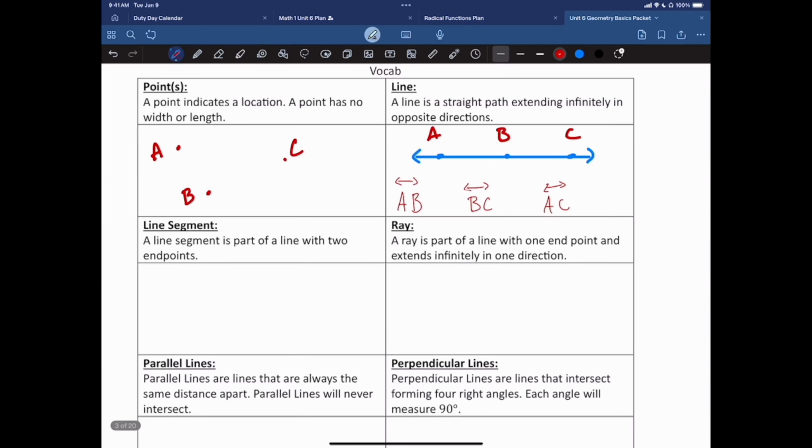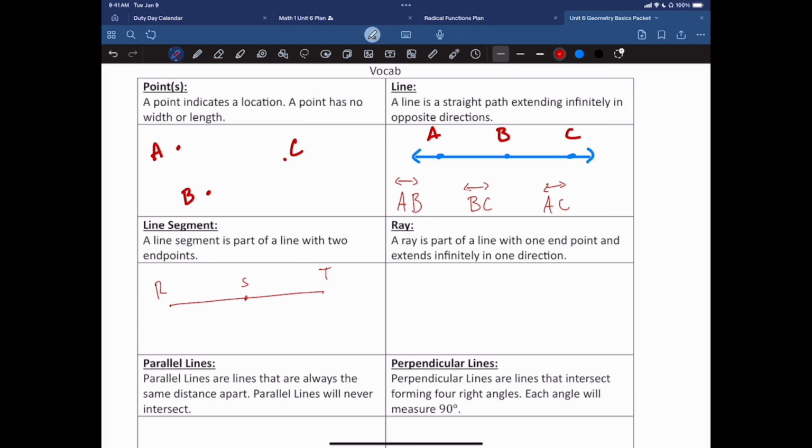Now, the difference between a line, a line segment, and a ray is where we have endpoints. So a line has no endpoints at all. A line segment is going to have 2 endpoints, right? We're not continuing on forever. We have a set distance we can go. So we'll call this line segment R, and we'll put a point S in the middle and a T on the other end.